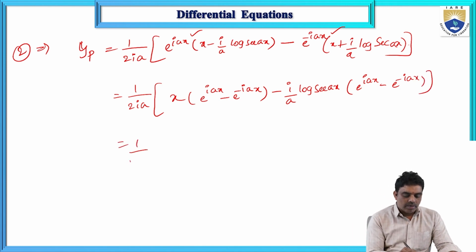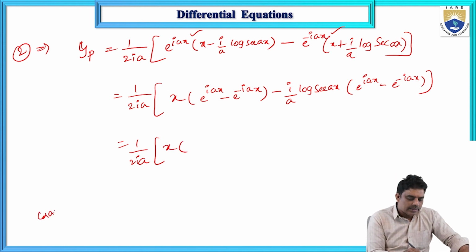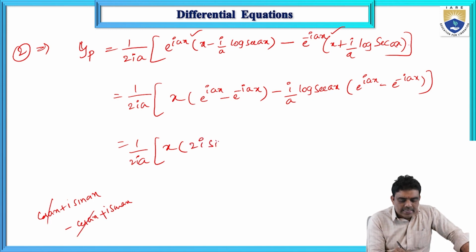So this is equal to 1 by 2ia into x into, what is this value? e power iax is cos ax plus i sin ax, minus cos ax minus i sin ax, and this is equal to 2i sin ax.